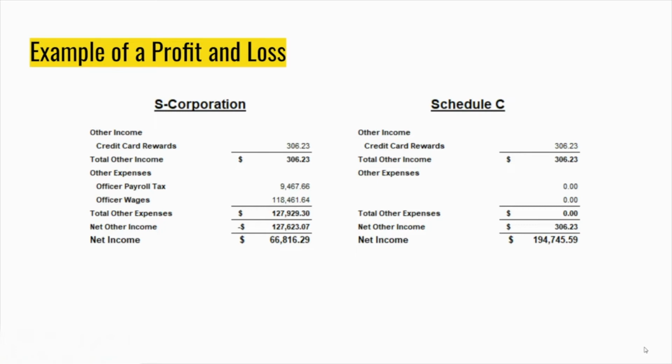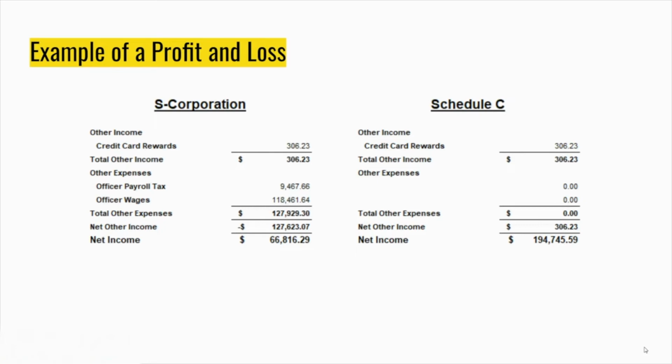So we work with clients, obviously, to help assess how much you should be paying yourself in salary versus owner draws. Now, on the right-hand side, on the sole proprietor side, there's nothing really below the line, right? Because you're not permitted to pay yourself a salary, the net operating income just carries forward all the way down to be your bottom line net income.